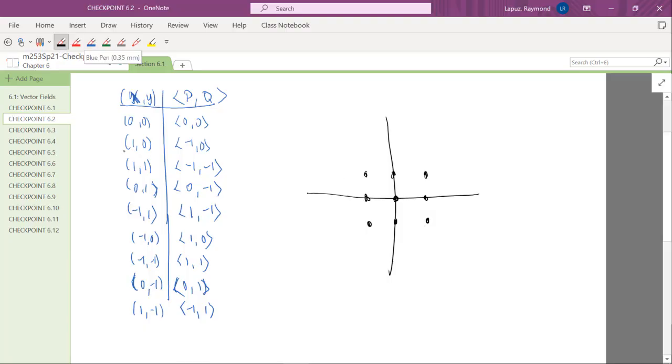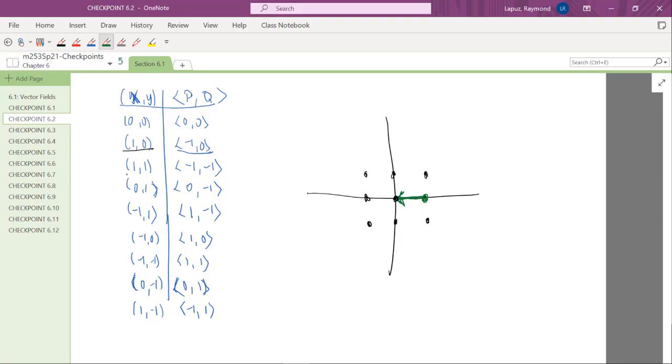For example, for the point 1, comma, 0, we have the vector negative 1, comma, 0. So negative 1, comma, 0 is actually a vector from the origin that goes to negative 1, comma, 0. So that's our vector, but we remember we want to put this vector with a tail at the particular point. And so that's where that would go.